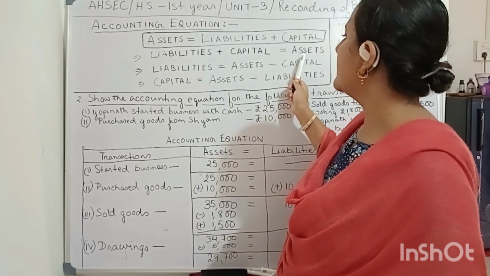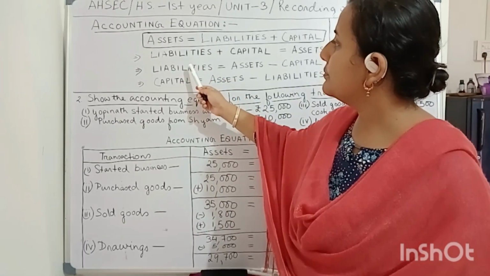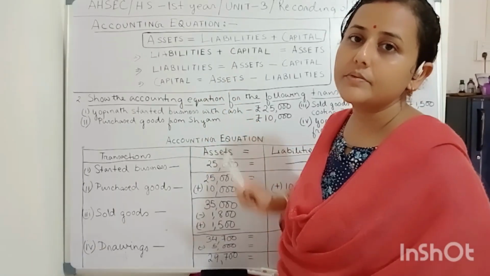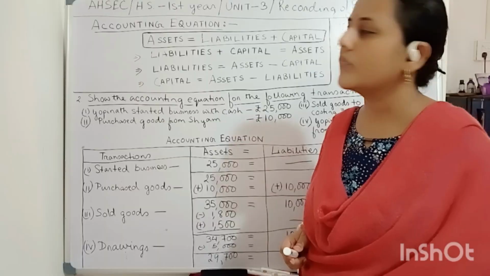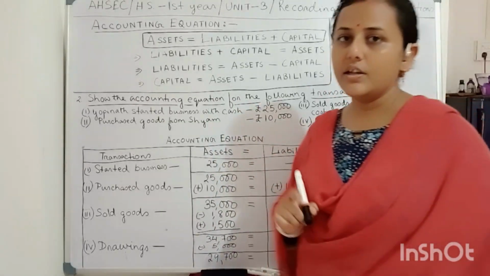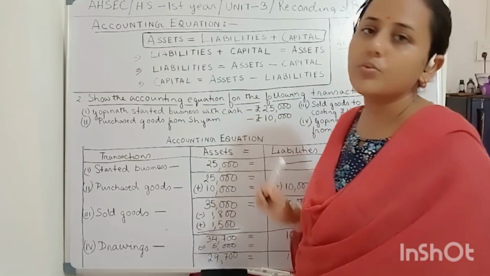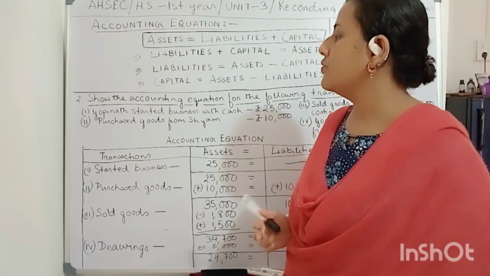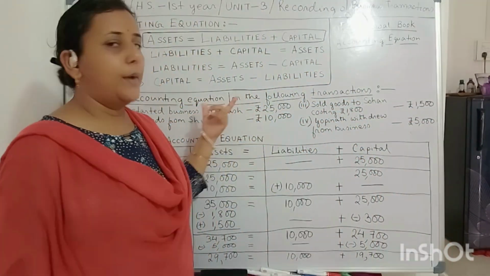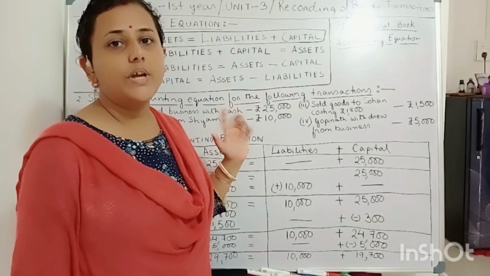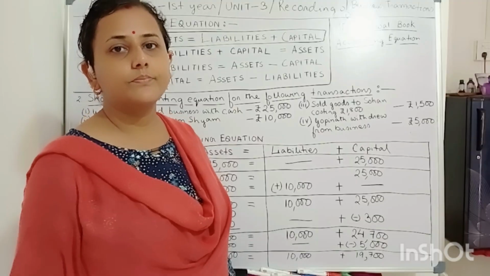When you change the side of the liabilities, plus liabilities will become minus liabilities. If you have done equations in your schooling, you can derive these equations from there. So from this equation you can say that the capital of a business equals the assets of the business minus the liabilities of the business. Got it?